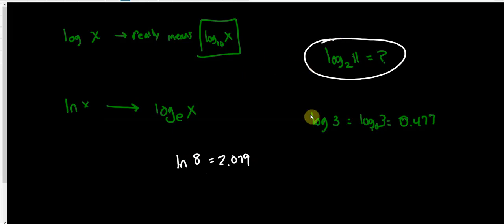If I want to do something that's not base 10 or base e, I need what's called the change of base formula. Okay, and there's a formula to help us with our bases. Here's what the change of base formula is.